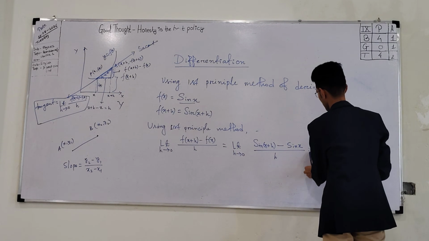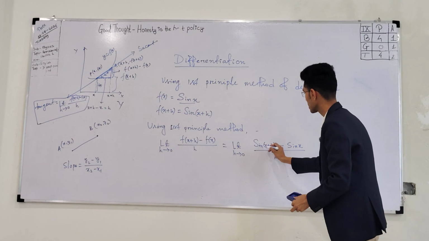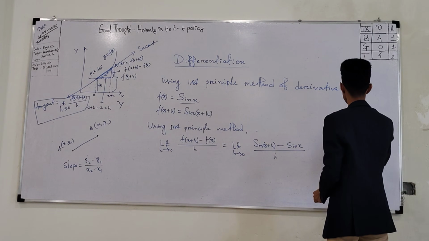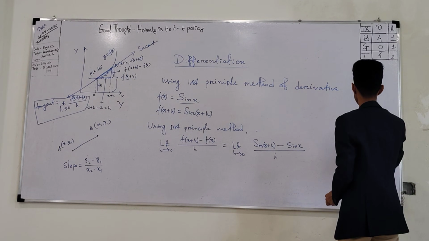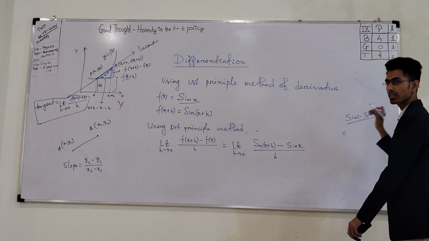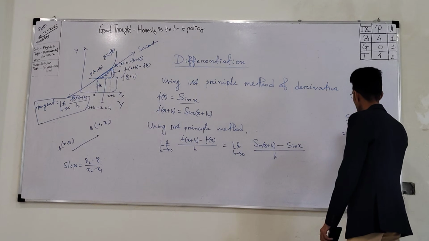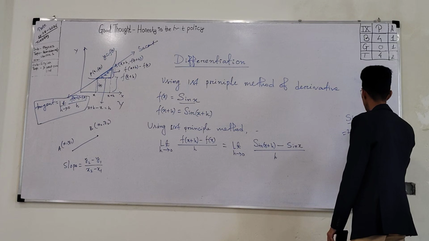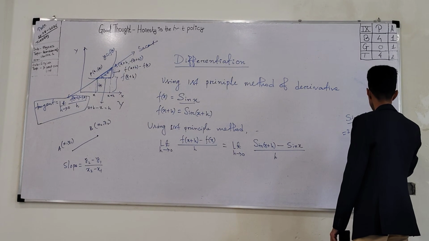Also we know that it looks like the sin c minus sin d formula. What is the formula of sin c minus sin d? That is 2 cos of c plus d by 2 into sin of c minus d by 2.